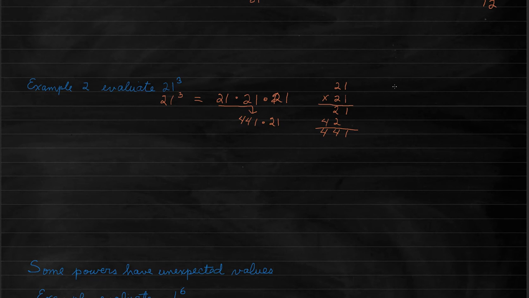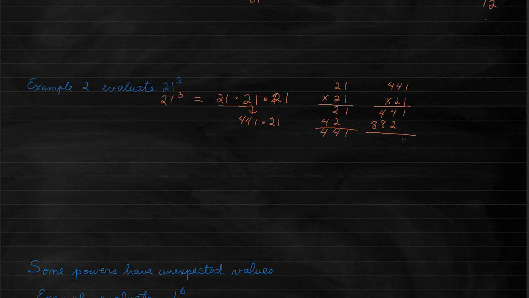And let's do the multiplication here on the side. 441, which is this result, times 21. Okay, now 1 times 1 is 1, 1 times 4 is 4, and 1 times 4 is 4. Now I multiply with 2. 2 times 1 is 2, 2 times 4 is 8, and 2 times 4 is 8.